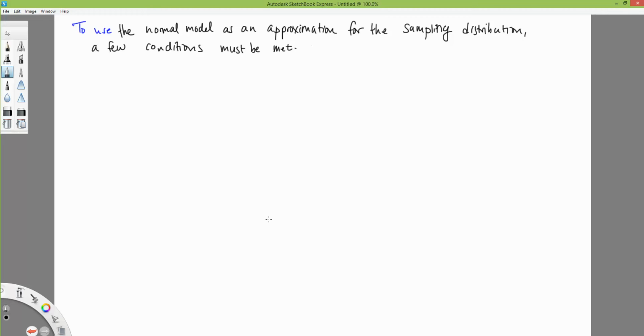If these conditions are not met, the thing that we just learned about using the normal model and normal distribution does not apply. It no longer works. There are three conditions that must be met. Otherwise, you cannot use the normal distribution. You can't apply the things that we just learned.